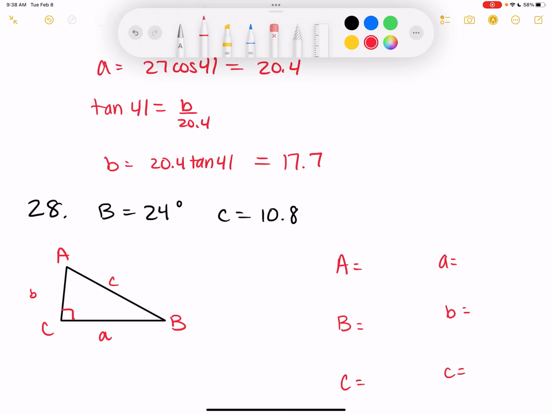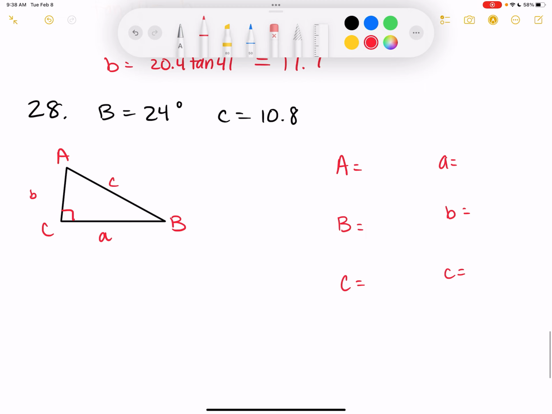C equals 10.8. Oh, that's the hypotenuse, okay. So cosine is adjacent over hypotenuse, right?